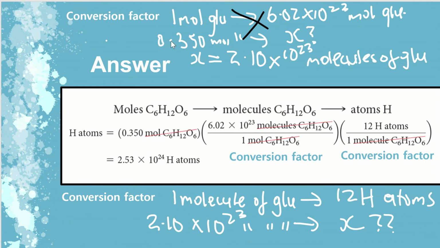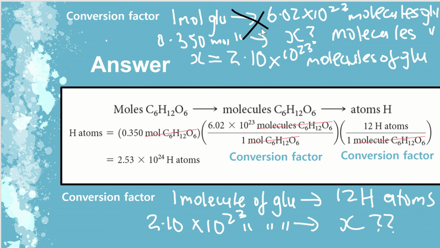And 0.350 moles of glucose is equal to X molecules. So let me just go ahead and write that in. All right, so I hope, well, GLU, we're using GLU for glucose, right?